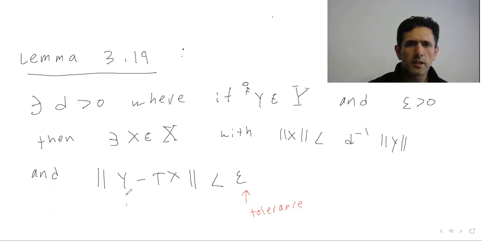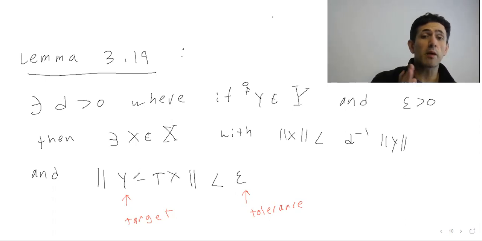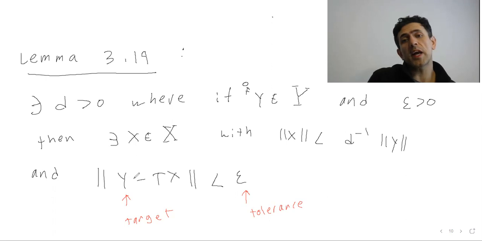And y is going to be my target. The idea being, I want to pick an x where Tx is y. I'm aiming for y. I don't quite get there, but I get there within a tolerance that I'm okay with. And that tolerance is epsilon.